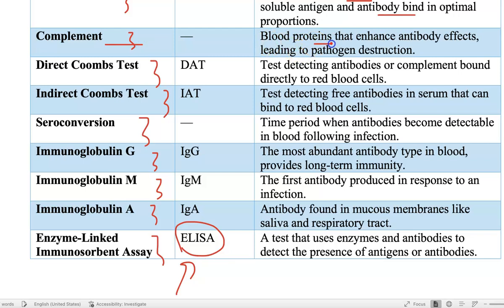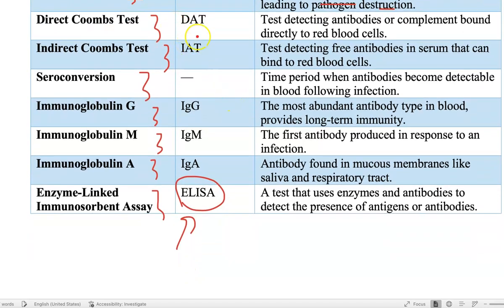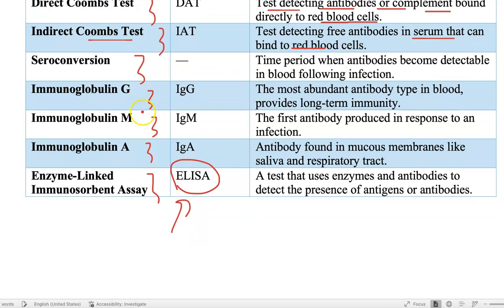Complement, blood proteins that enhance antibody effect, leading to what? Pathogen destruction. What about direct Coombs test? Test detecting antibodies or complement bound directly to red blood cells. What about indirect Coombs test? Test detecting free antibodies in serum that can bind to red blood cells.